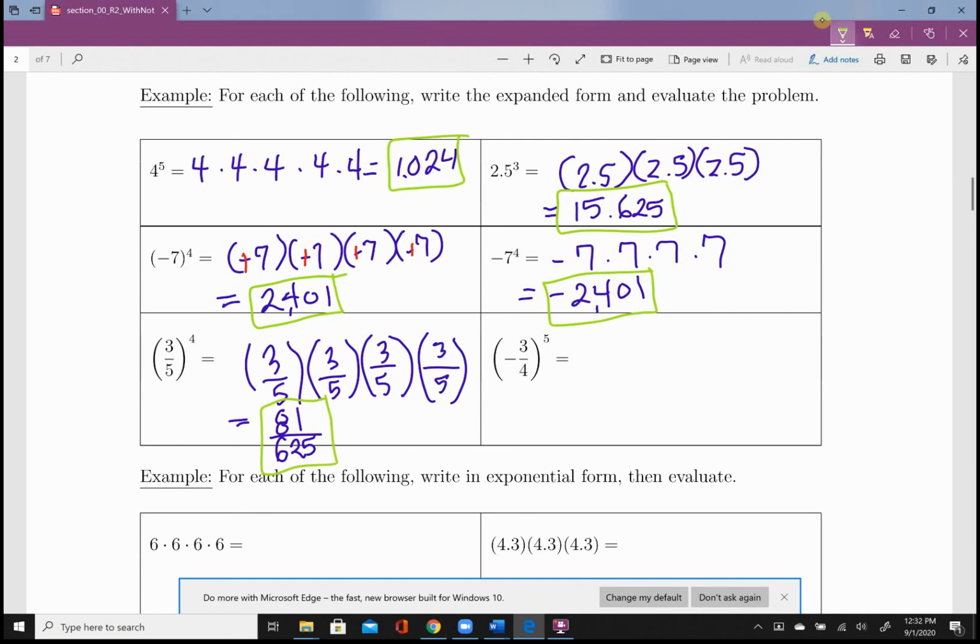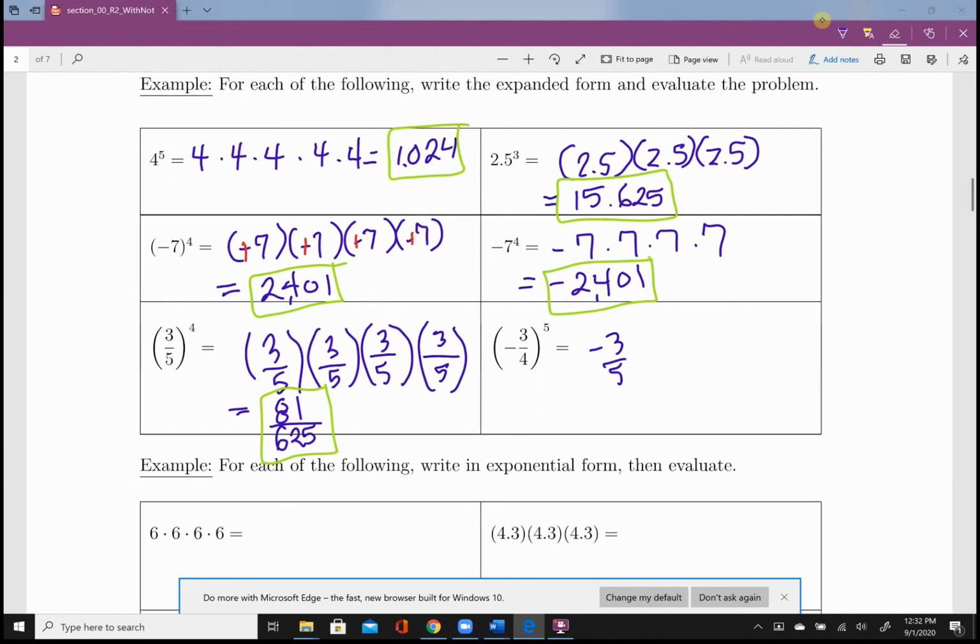Okay, and then one more of this ilk, and then we'll move on to another type of problem. Here we've got negative 3/4, not fifths, excuse me. And we have to do it 5 times over.